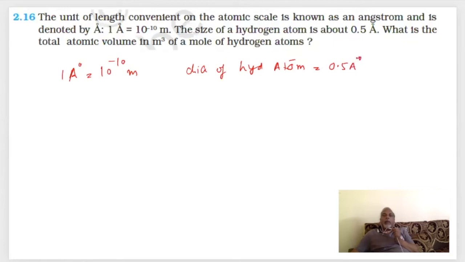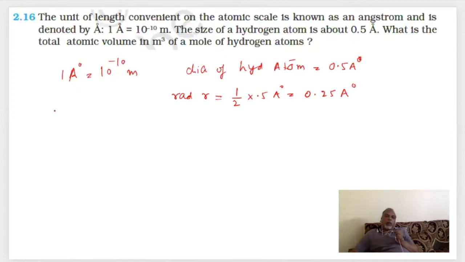Correct? So naturally, the radius r of the hydrogen atom will be 1 by 2 into 0.5 angstrom, or we can write it as 0.25 angstrom.